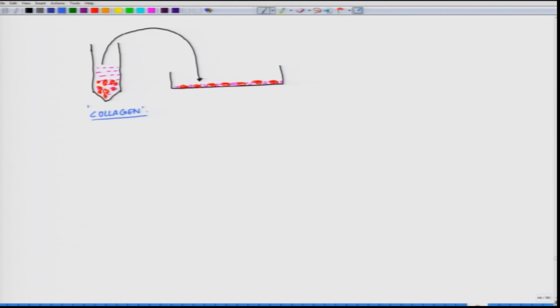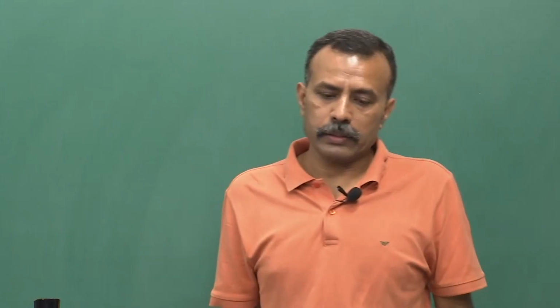You can make a thin film of collagen, you can make a thin gel of collagen, and you can make a thick gel of collagen. You have lot of possibilities what you can play around with collagen. How you play with this? The way you play is out here.